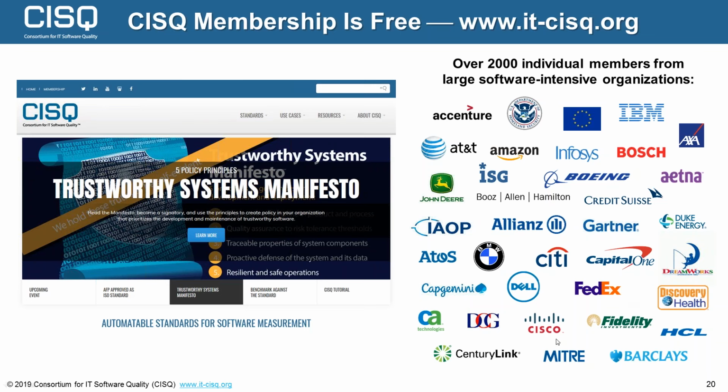All OMG standards are free, and so vendors can pick these up and incorporate them into their technology. You can in fact see two of the vendors that support CISQ: Synopsys with their Coverity tool and CAST with its application intelligence platform tool. So there are vendors out there working on incorporating the CISQ measures into their technologies, and so you can really evaluate the vendors to see which one might fit your needs most effectively.